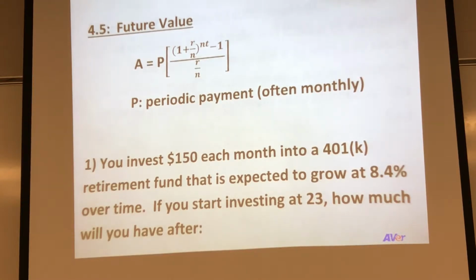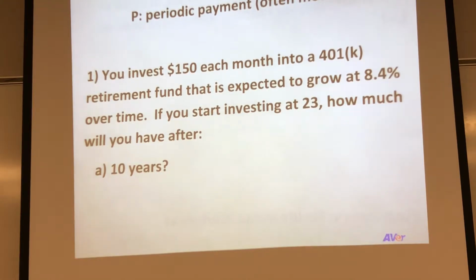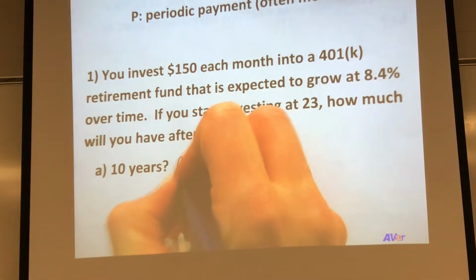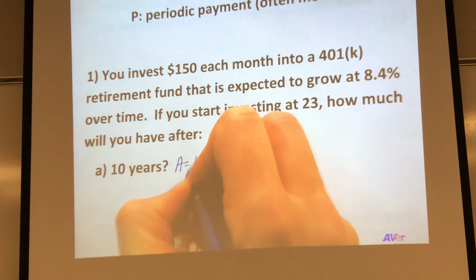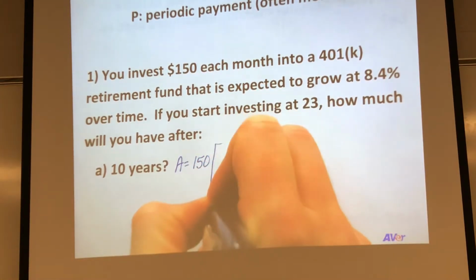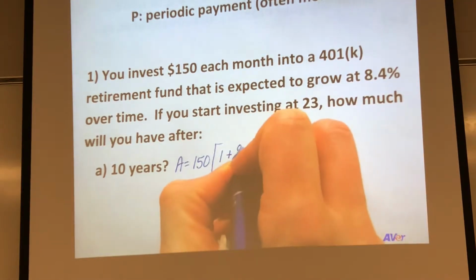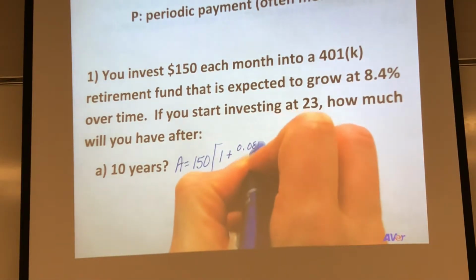So if we're going to invest $150 each month into a 401k retirement fund, it's expected to grow at 8.4% over time. If you start investing at 23, how much will you have in, first up, 10 years? All right, let's take a look at this big old long equation. 150 is the payment that we're going to put in. We have 1 plus our rate, so we have to change that to a decimal, 0.084.